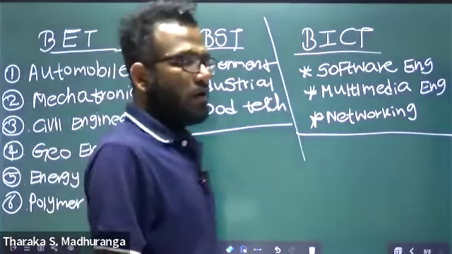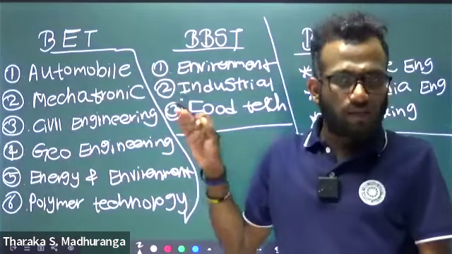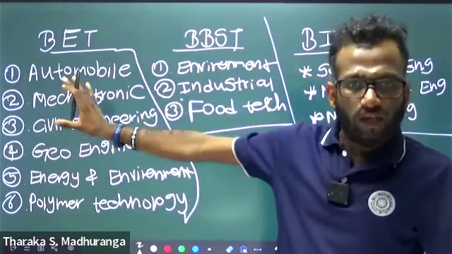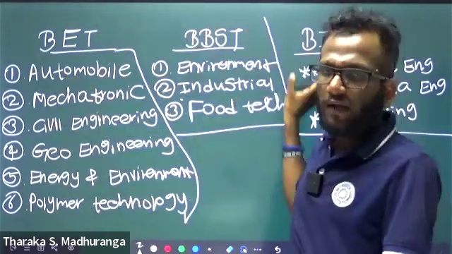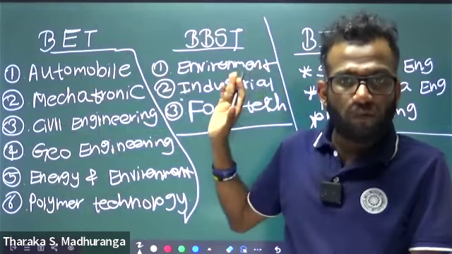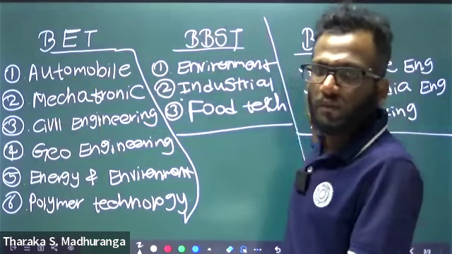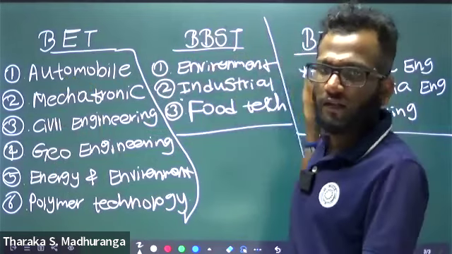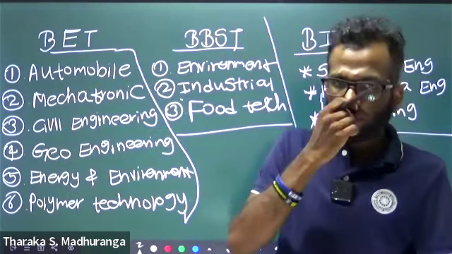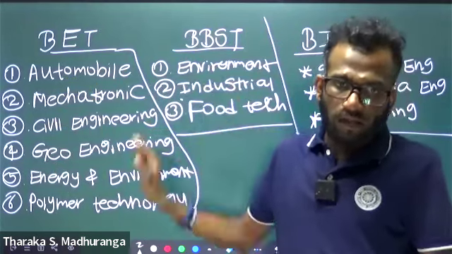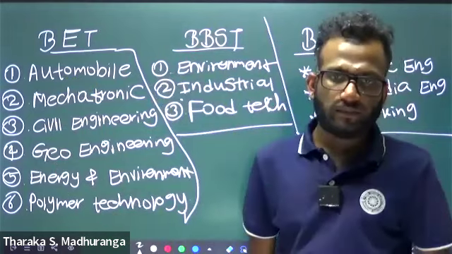If you're doing ET and ICT, you have a chance to select from these areas, both. If you're doing BST and ICT, you have a chance to select these 6 areas. If you select ET, BST and ICT, you have 9 areas for selection.